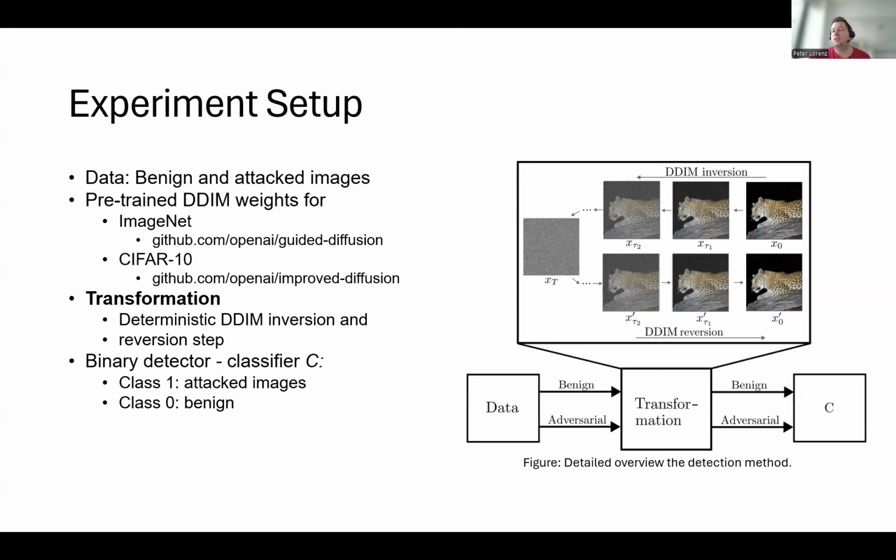The DDIM architecture is very useful because it's deterministic, and since we use the input image as initialization, we always generate the same output image. And lastly, we have a binary or a multi-class detector, where class 1 is the attacked image and class 0 is the benign image. Here on the right side, we have the data, then they're transformed separately and then trained on the classifier.